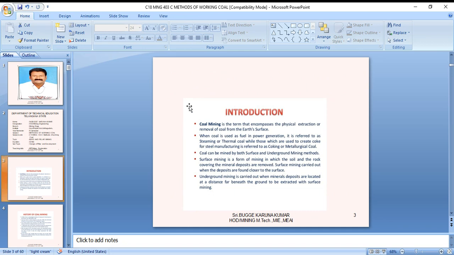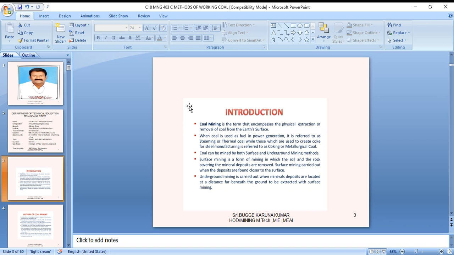For our introduction, we know coal mining is a term that encompasses the physical extraction or removal of coal from the earth's surface. When coal is used as a fuel for power generation, it is referred to as steam or thermal coal, while coal used to create coke for steel manufacturing is for metallurgical purposes.